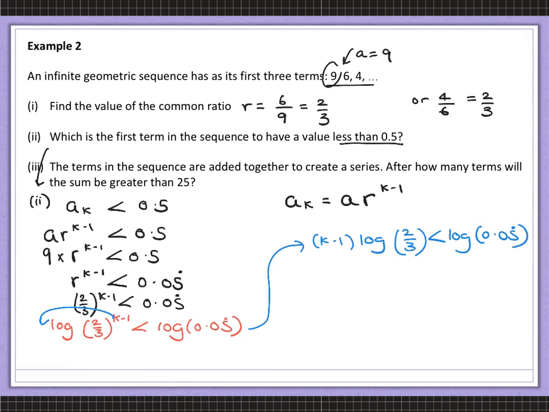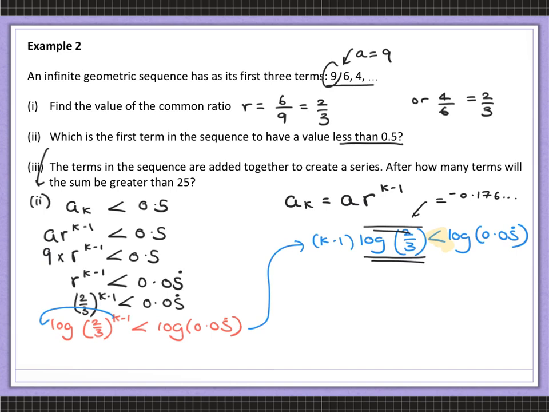Now, here's where you need to be very, very careful. If you work out the value of log of 2/3 on your calculator, you will find out that this is equal to negative 0.176. Now, you are dealing with an inequality.